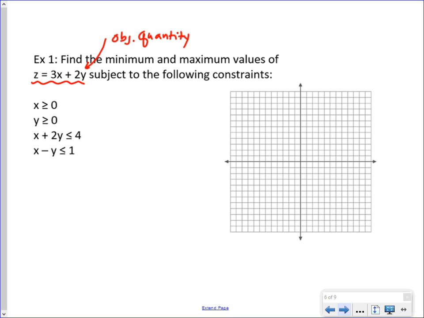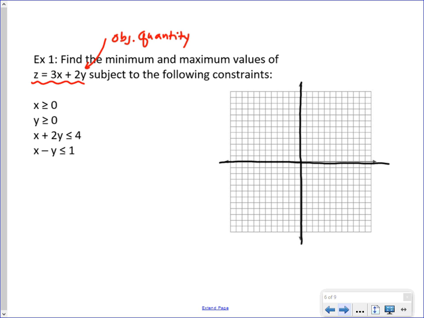Again, notice all of these are "or equal to," so they're all going to be solid lines. X is greater than or equal to 0, that's a vertical line, that is the y-axis. Y is greater than or equal to 0, that is a horizontal line, that is the x-axis.